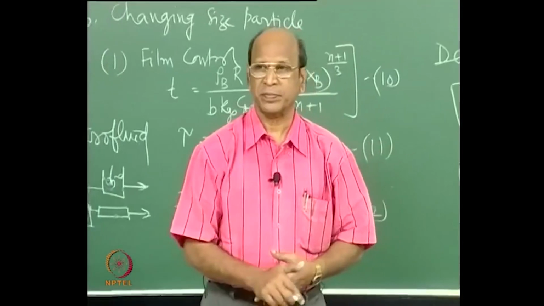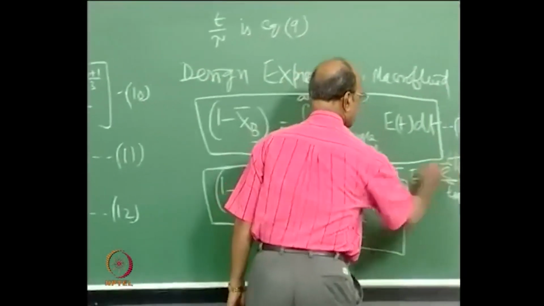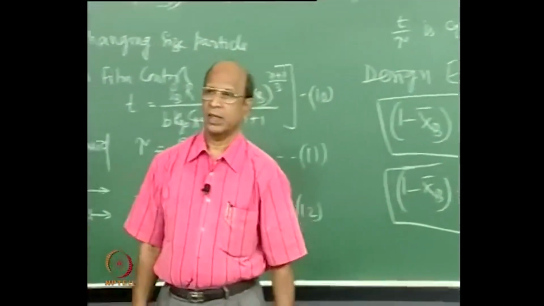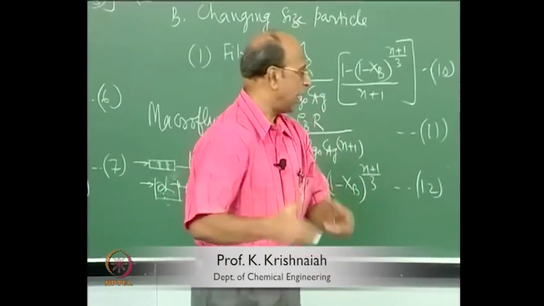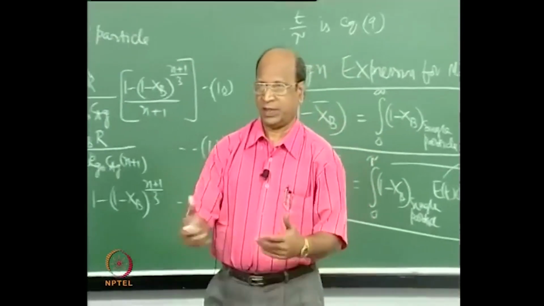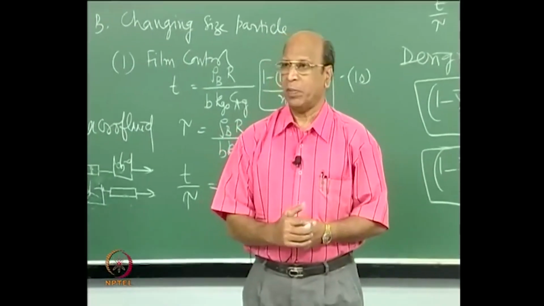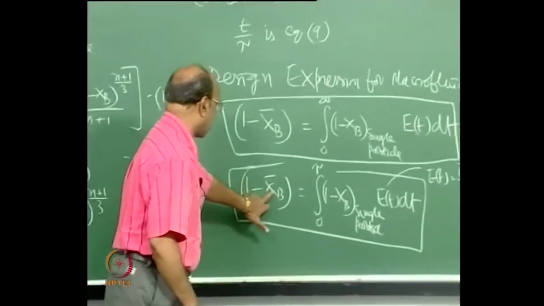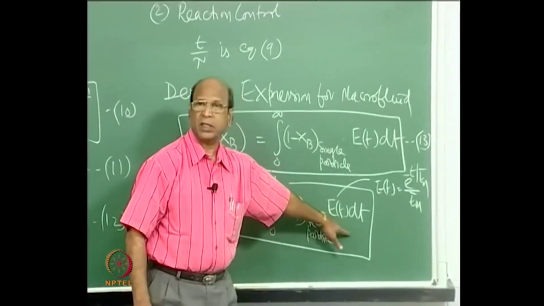Yes, the minus is there. Okay. So, you will have the equation only in terms of t bar and tau, tau we know anyway, that is no problem. Now, given x bar b, calculate t bar.